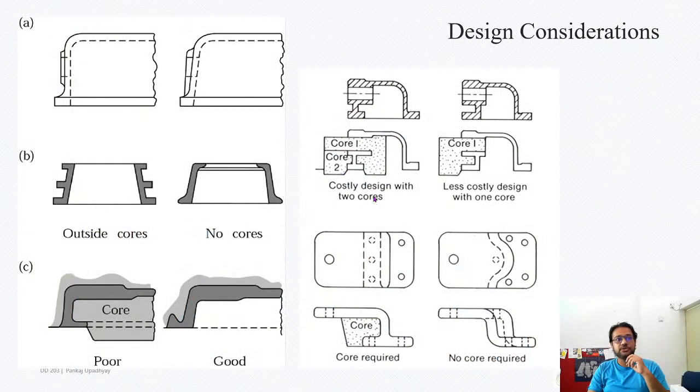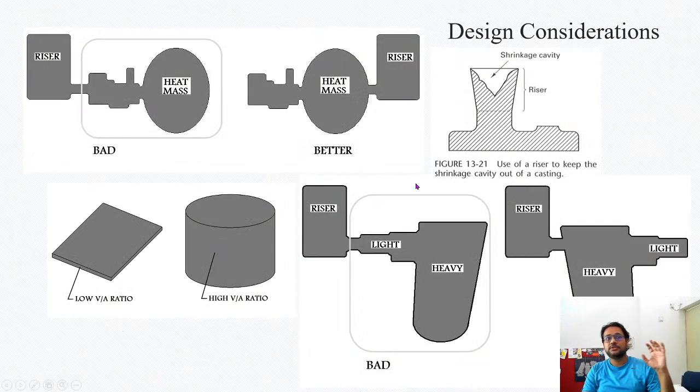I'll just show you so that you know, right? So the idea of heat mass is to balance the heat mass. So in this case, let's say this entire thing is the part that you need to cast. The riser needs to be at the place which has a larger heat mass.